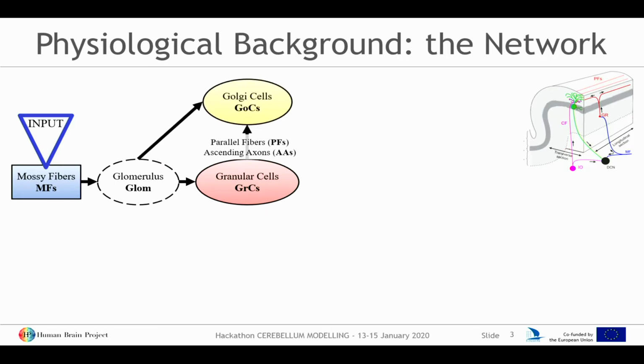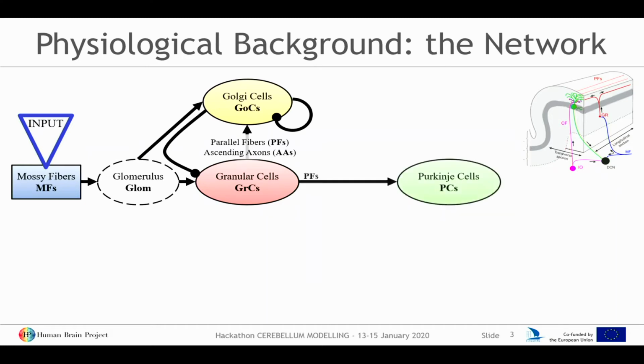in the granular layer, where we also have the Golgi cell inhibitory neurons that are excited both by granule cells, through parallel fibers and ascending axons, and directly by the mossy fibers. Those inhibitory neurons inhibit themselves through gap junctions and inhibit the granule cells. So we have this first loop in the input stage of the cerebellum.